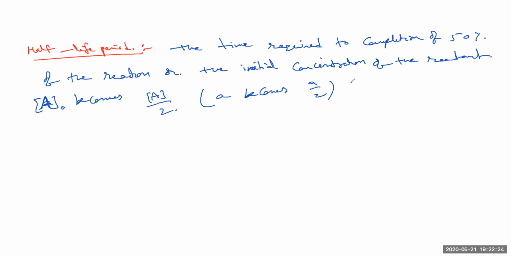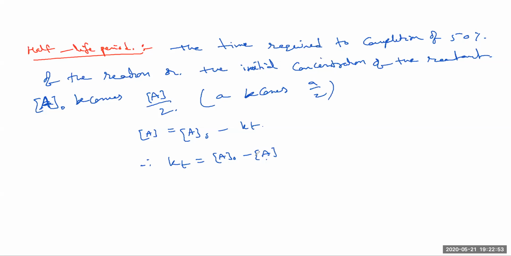Already you know the formula given. Just now we wrote the concentration of A is equal to the concentration at 0 minus kt. Therefore kt is equal to concentration of A naught minus concentration of A. Correct?